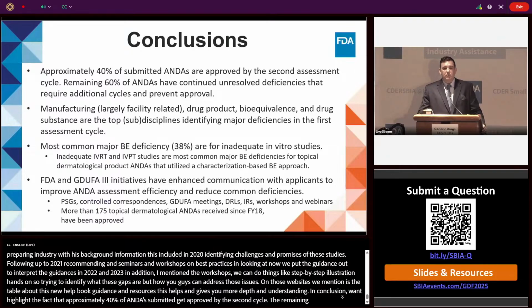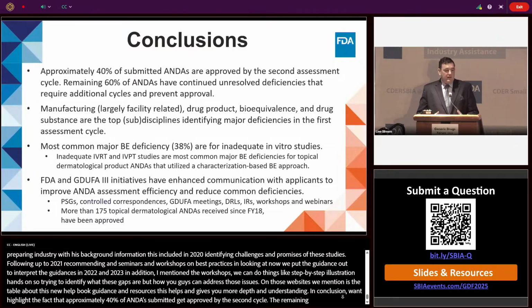That way we can improve that efficiency. Each additional cycle is additional resources, not only on industry's part, but resources that FDA needs to use as well. So I think everybody's interest is to reduce the number of cycles and get those products out to the American public as timely as possible.